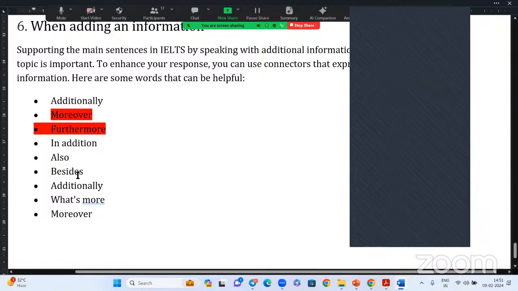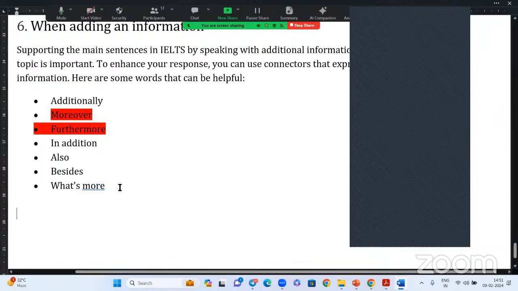Additionally, in addition, also, besides. Additionally is already there, why another additionally? What's more, moreover, don't use. Already there, why repeating? So don't use these words. Moreover, furthermore, they are not accepted.